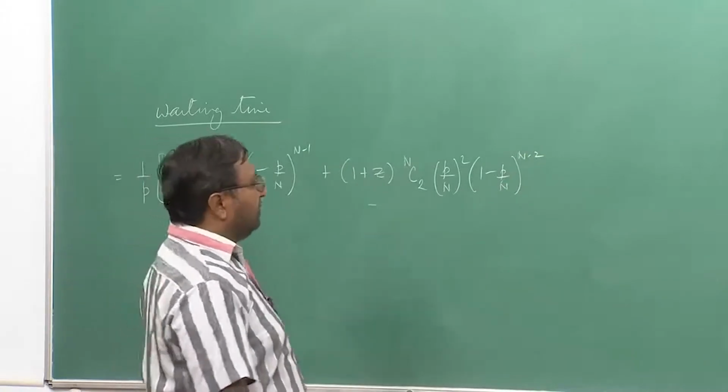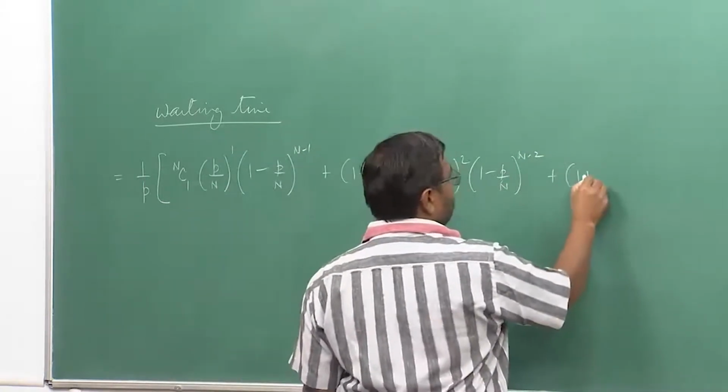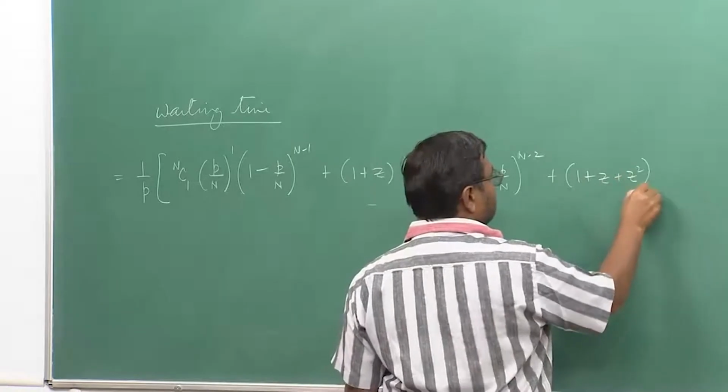Then you will have the third one, you will have 1 plus z square.